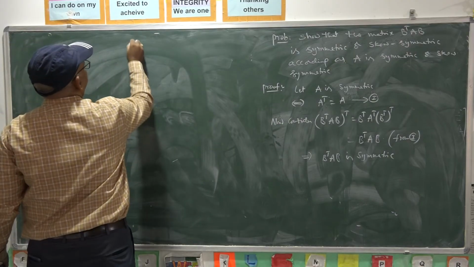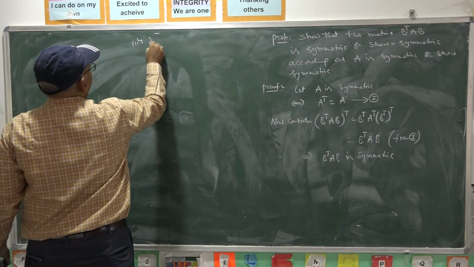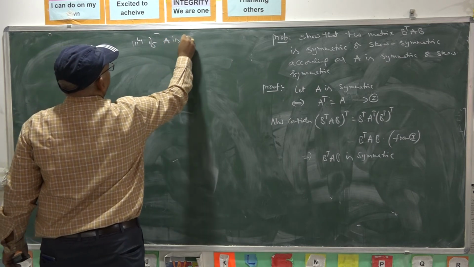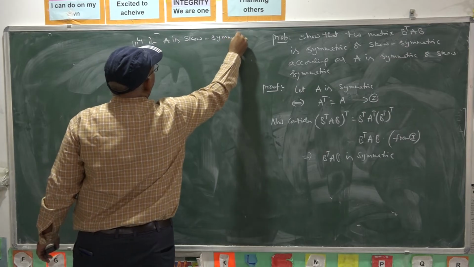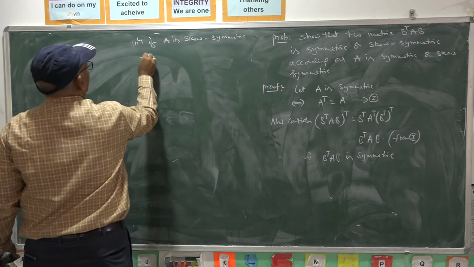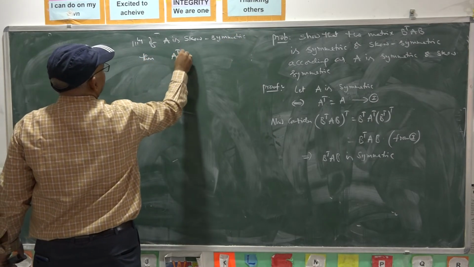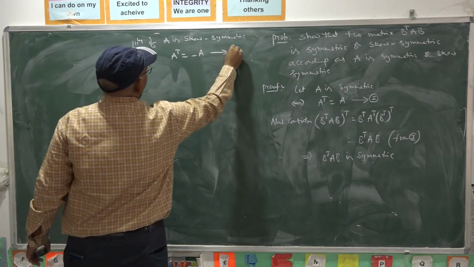Next, similarly, if A is skew symmetric, then A transpose is minus A. Let it be 2.